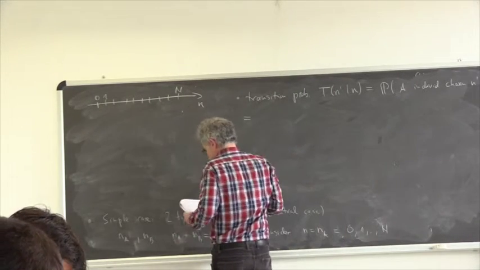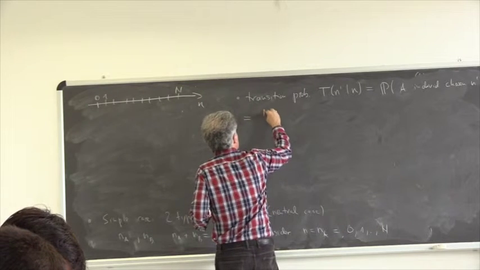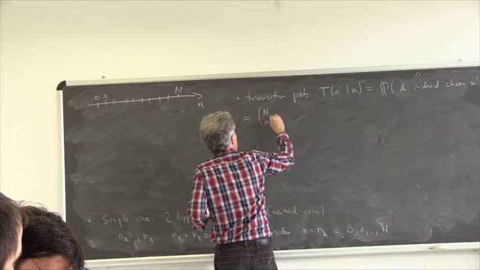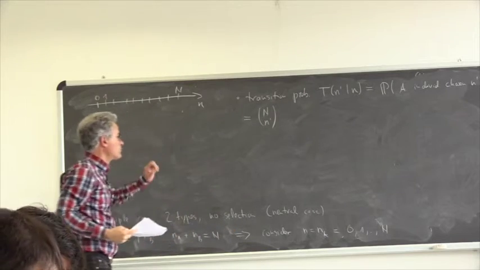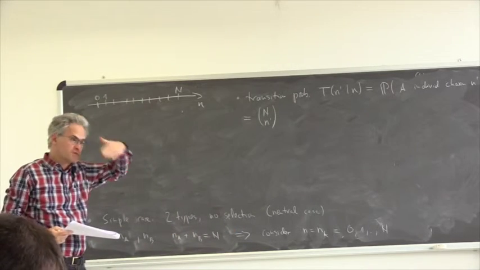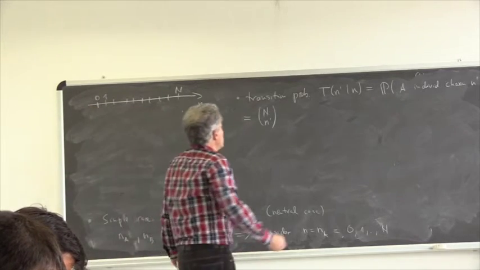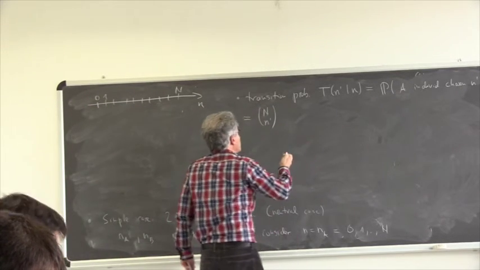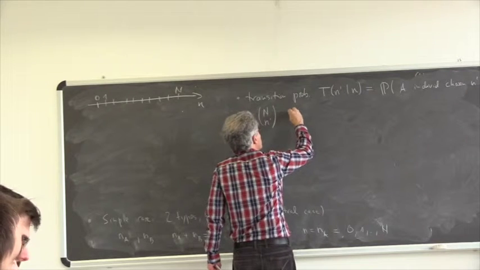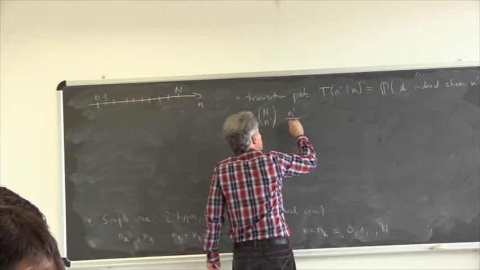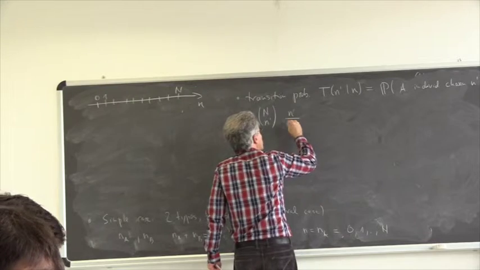And so this will be equal to the binomial coefficient N over n prime. So this is the number of ways in which these n prime individuals can be selected among the N individuals. And then the probability to select an A individual in one step is just n divided by capital N. Right?